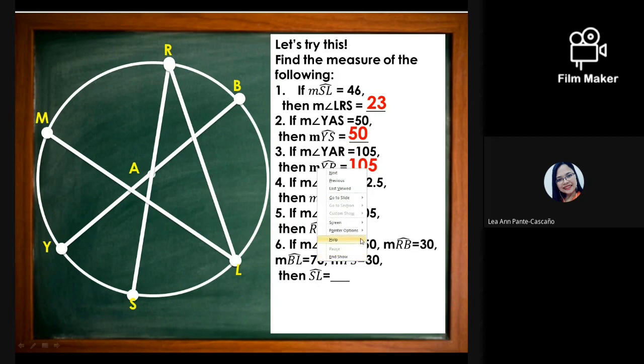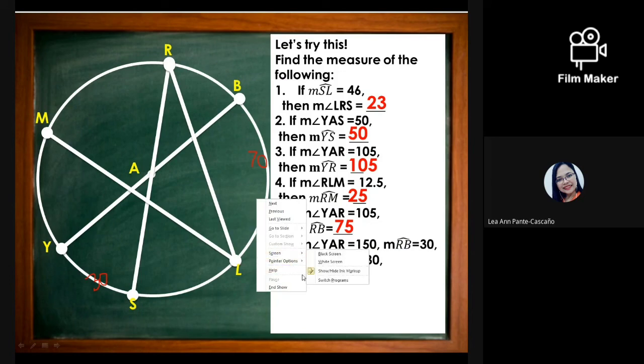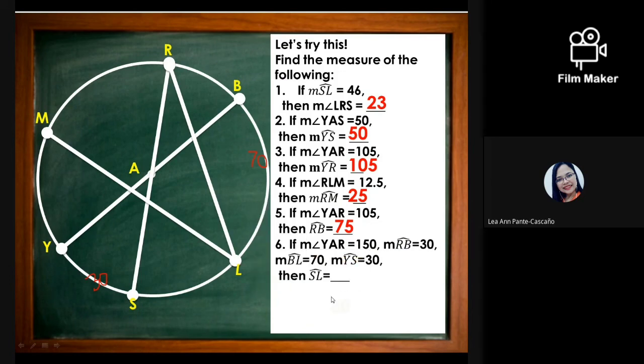So kung ang BL ay 70, at ang ating SY is 30, 30 plus 70 is 100. Nasa semicircle tayo. Ano na lang po yung degree measure ng ating SL? And the answer for that is 80. Okay? So 70 plus 30 is 100 plus 80 is 180.